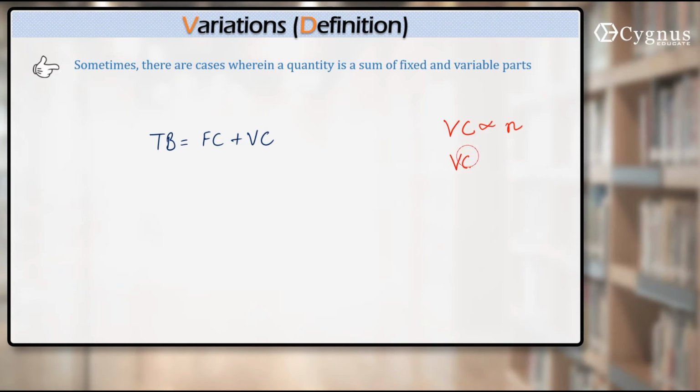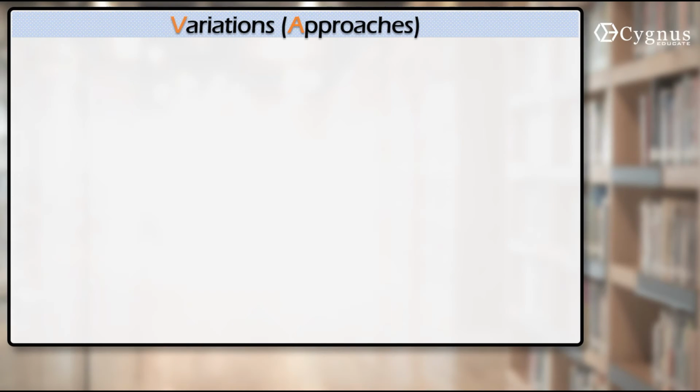So how do we write it? Variable charge would be equal to K into N. So the equation will become: total electricity bill is some fixed charges plus variable charges, which can be written as K times N. This can be one of the examples of this special case.